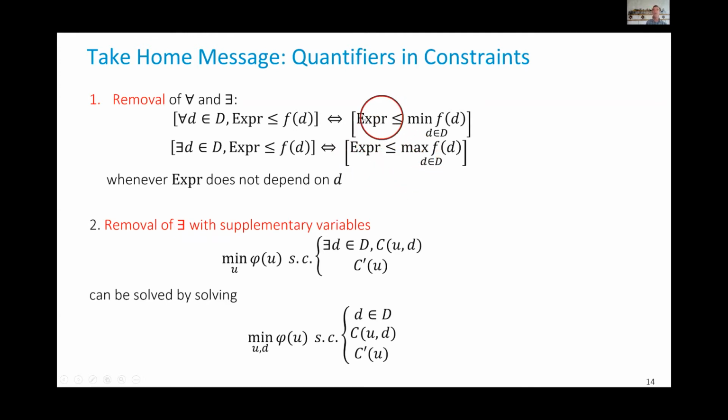In both cases, we replace the constraint with a quantifier by a constraint by solving an optimization problem, if we can. And another thing, if we have a quantifier which is there exists, we can get rid of it either in this way or in that way by simply adding the D as an optimization variable. Both ways are possible, and we will see in a few more moments how we can use those two directions to make something useful.